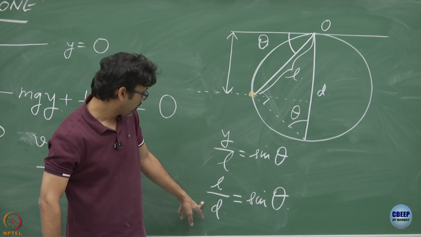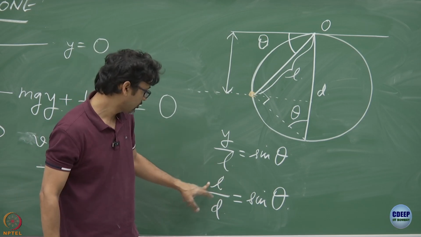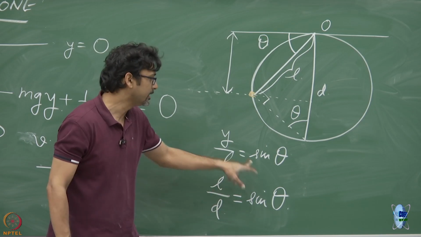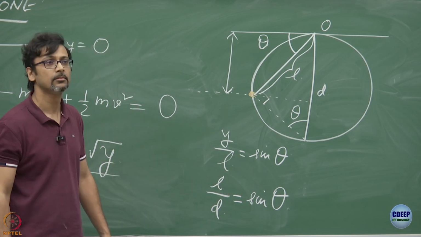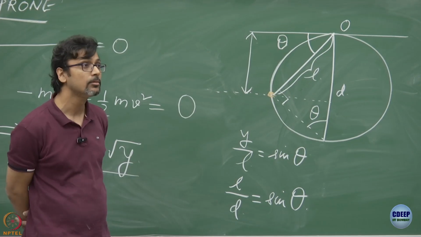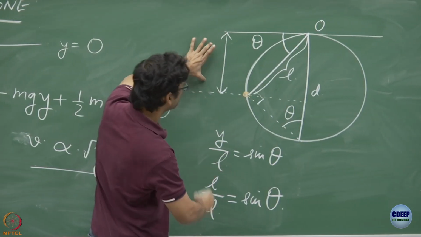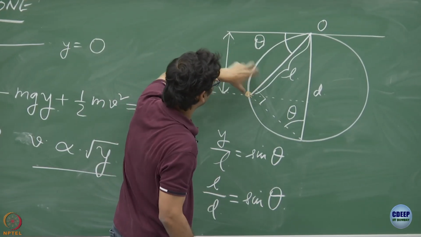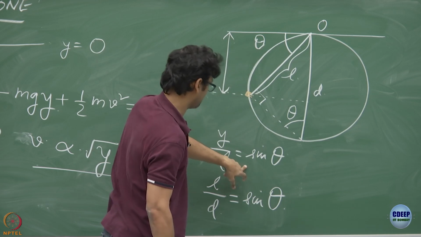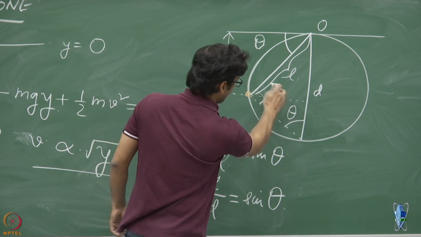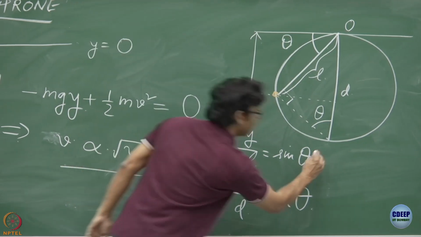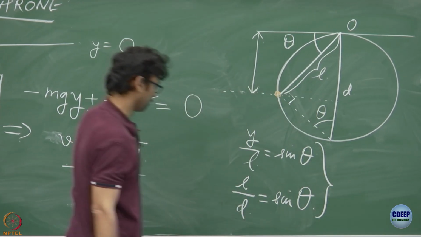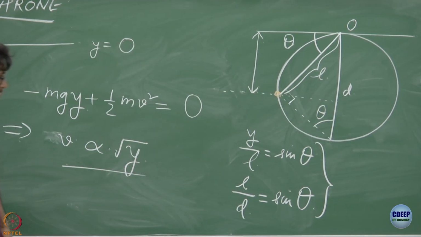What if we substitute it there? Or L is equal to D sine theta, what if we substitute this here? What do we get? Sine squared theta is equal to, is that correct? This is y. So y over L is sine theta, and here you get L over D is equal to sine theta. So if we eliminate L, what do we get?